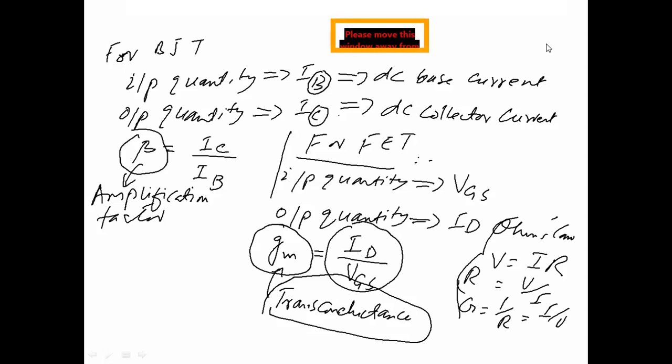They are used in digital circuitry, especially the CMOS technology, the CMOS circuits, which require very low power consumption. So CMOS technology consists of both N-channel E-MOSFET and P-channel E-MOSFET.